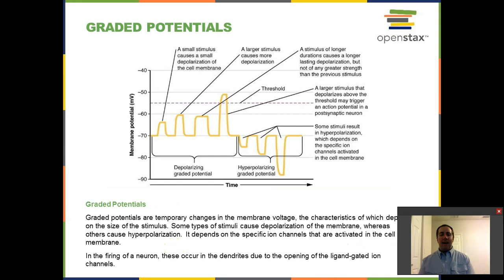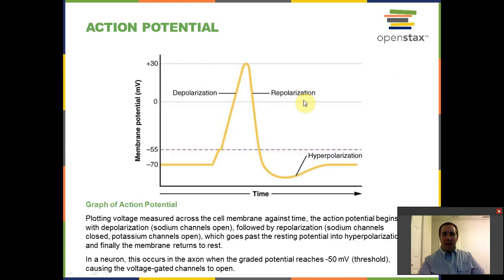On this slide, in the diagram, it says negative 55, and in the text, it says negative 50. It is, in fact, negative 55. The diagrams are correct. The text is incorrect. I apologize for that. I should have caught that. After we finish here, I'll go in and fix it for the future.